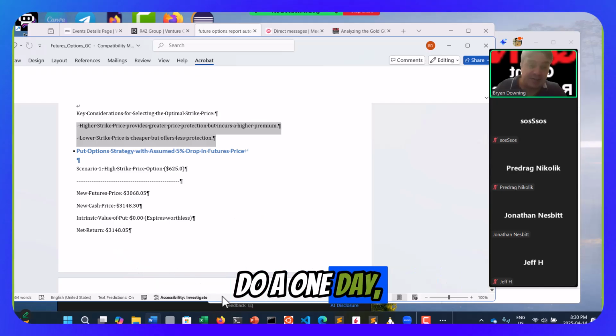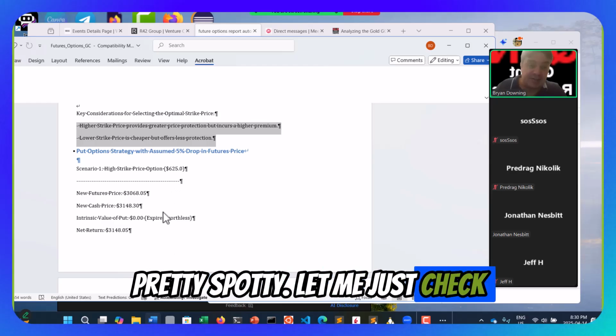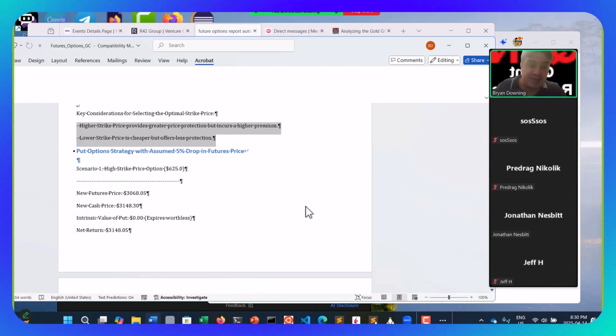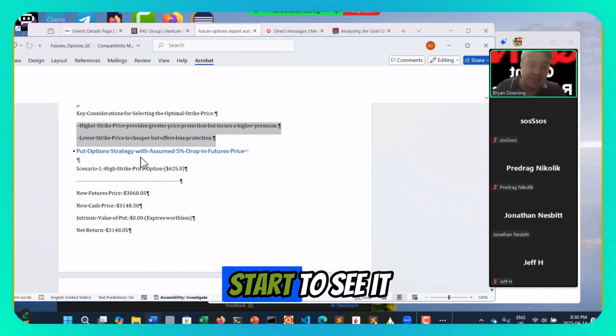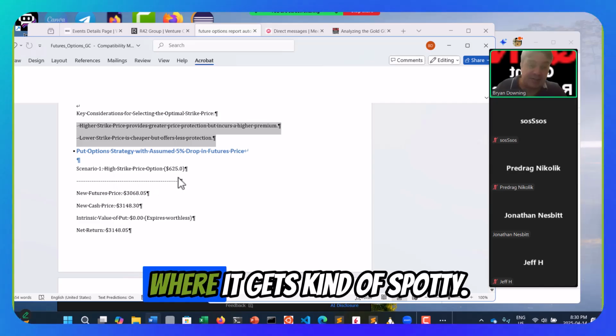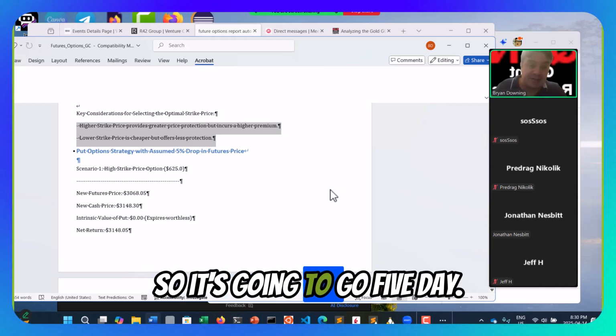If I do a 1-day, last time I looked at this, it was pretty spotty. Let me just check on the Ethereum as well. So Ethereum futures, you might start to see where it gets kind of spotty. So let's do a 5-day.